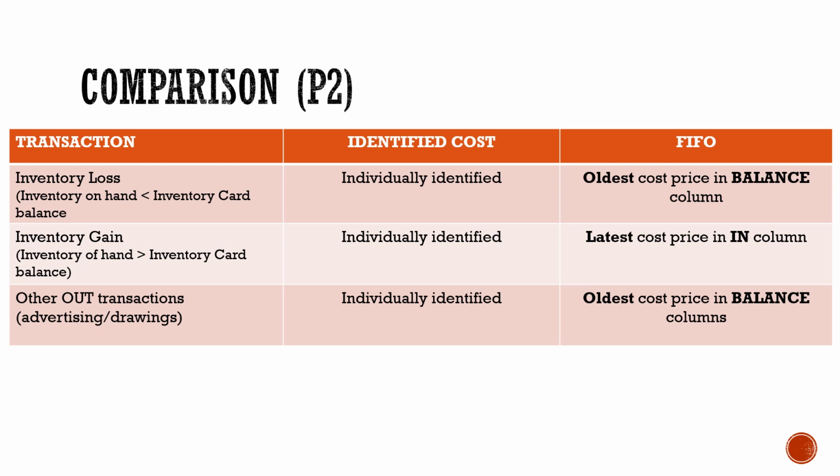If the identified cost method is used, the inventory cost prices are individually identified. Whereas if FIFO method is used, we follow through a couple of assumptions to help us with the valuation of inventory lost, inventory gained, or perhaps inventory withdrawn for advertising or personal use.